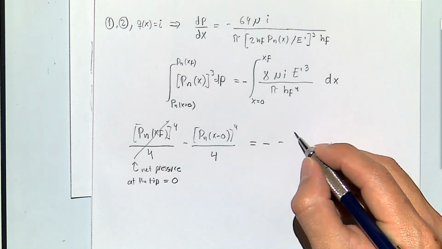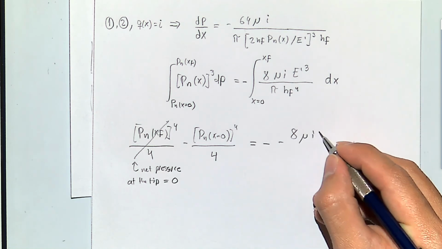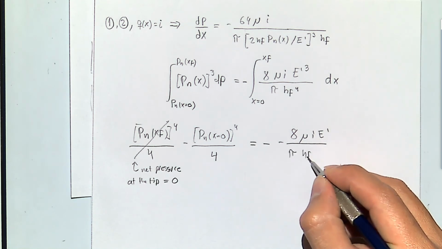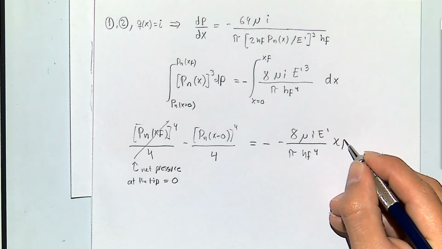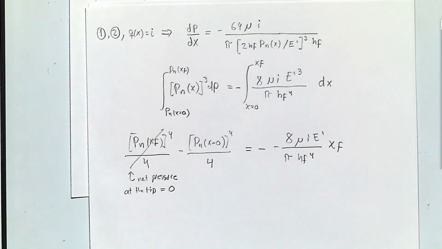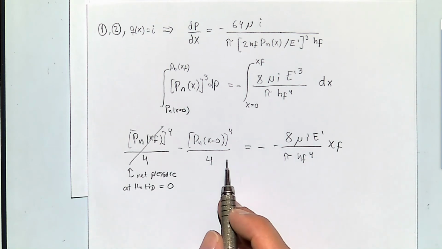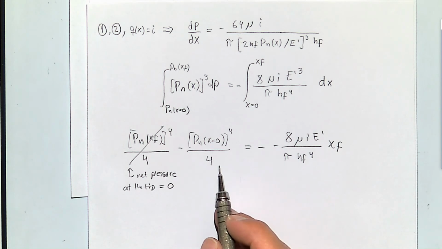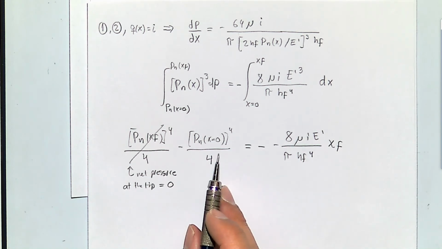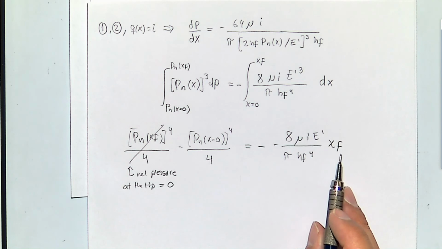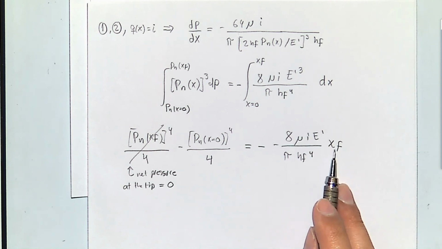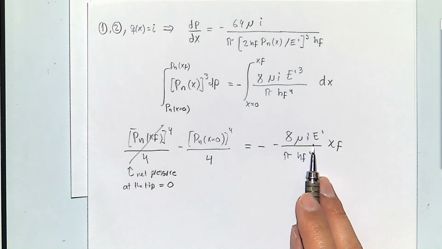So I'm just going to have here the term for xf. And now, with this equation, I know what is going to be the net pressure as a function of the fracture length and as a function of the injection rate.